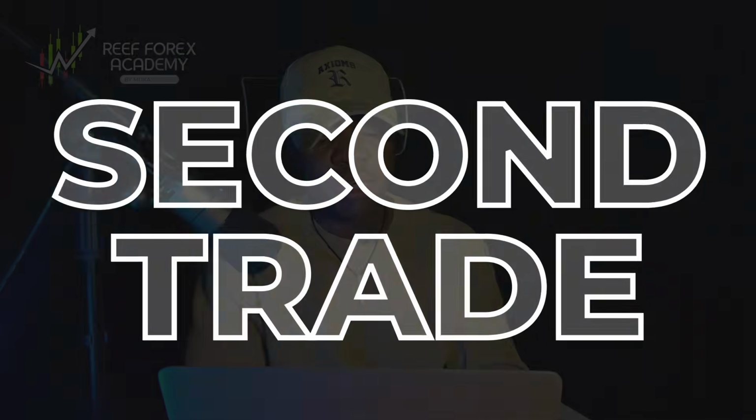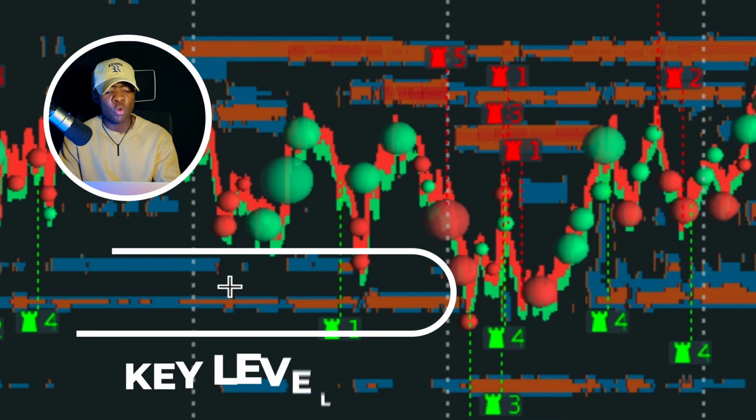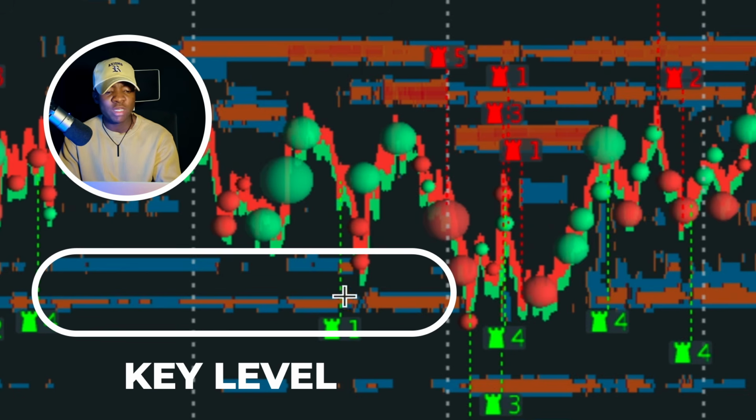Going to the second trade, as you can see, it is still the same thing. We looked at the key levels, as I've told you, or we looked at this liquidity, and as you can see, there was a liquidity wall here, there was a buy wall here, and there were large buy limit orders seated around here.